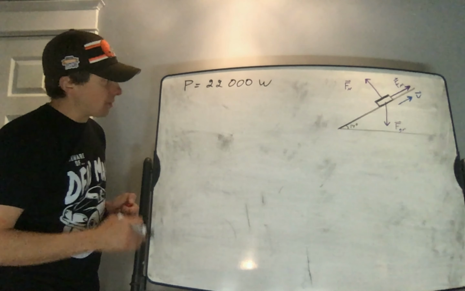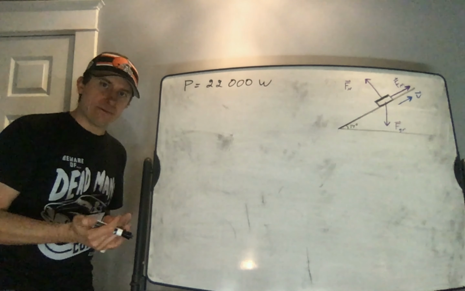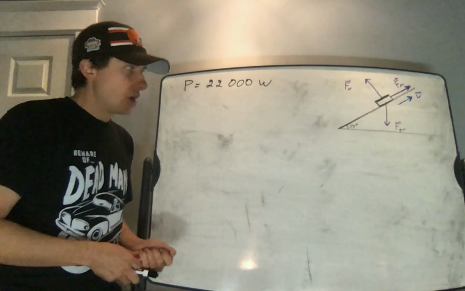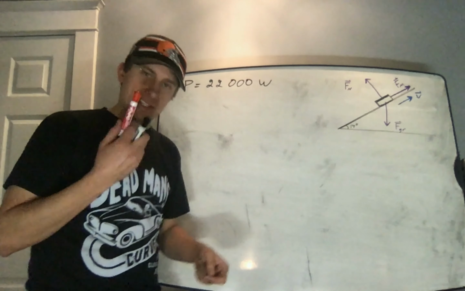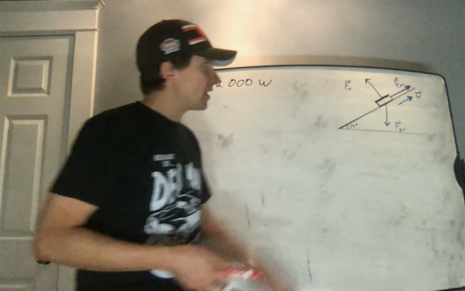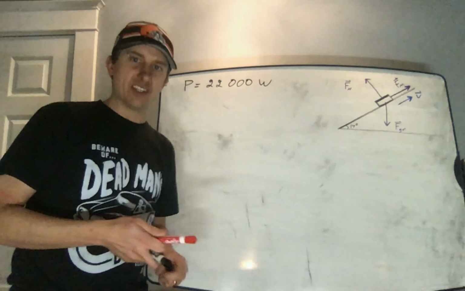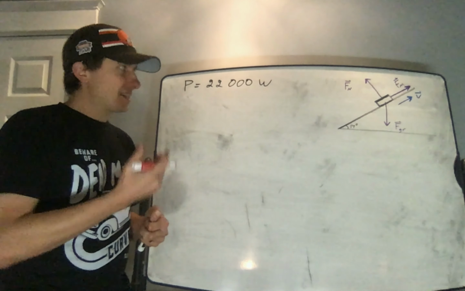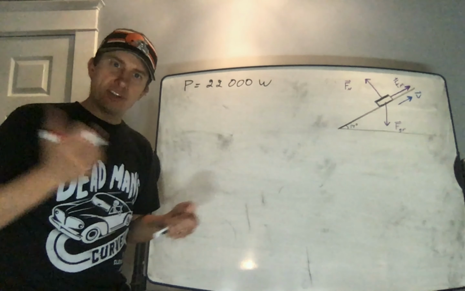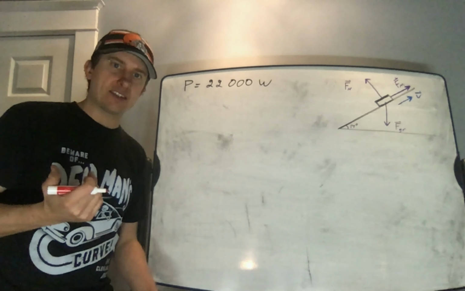To answer this problem, we will need to look at the forces acting on the skiers. We have a downward force of gravity, a normal force that is perpendicular to the slope, and we have the force of the motor that is pulling the skiers up the hill. To look at these forces individually, we're going to set up an XY coordinate system.